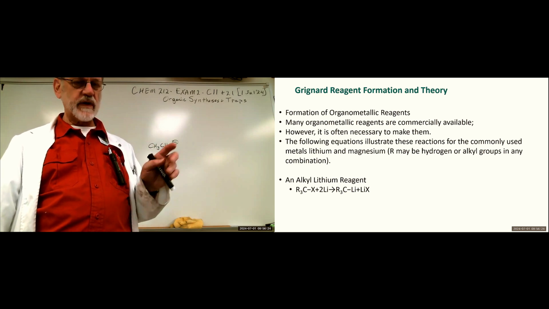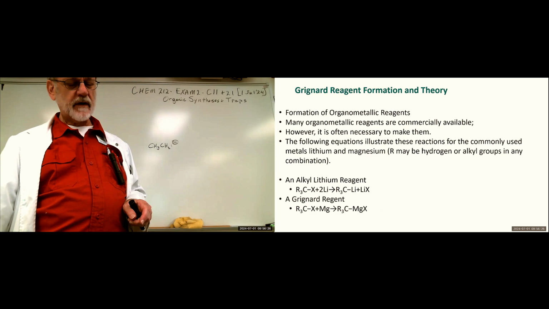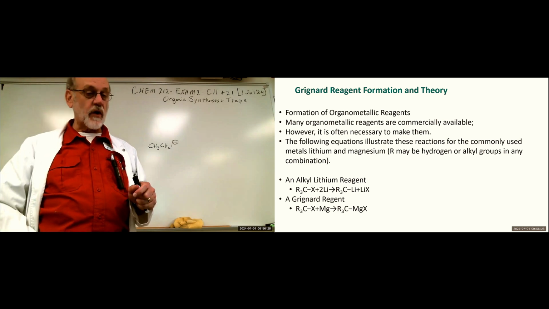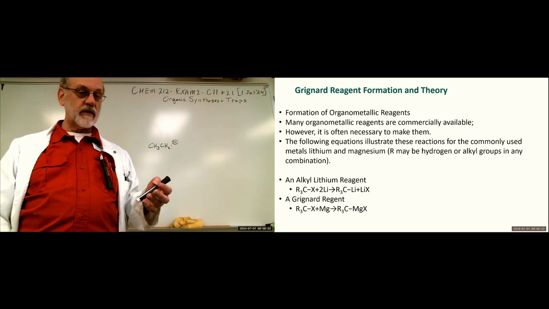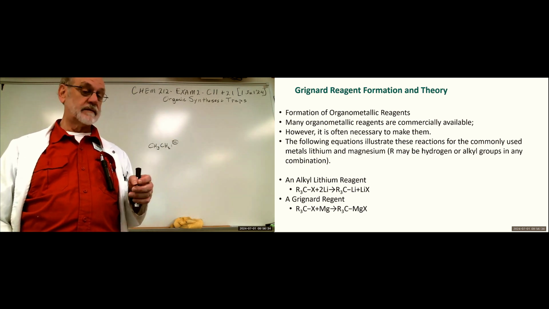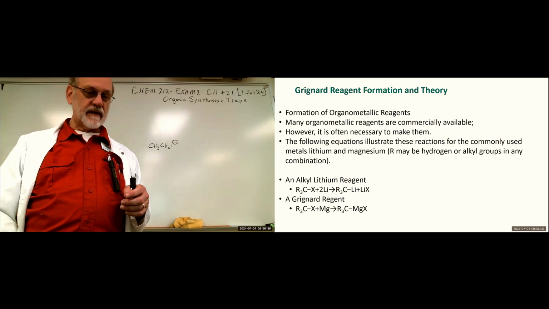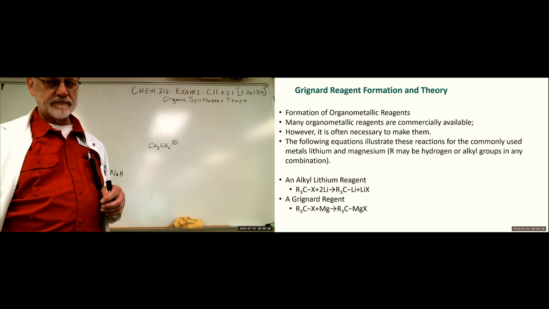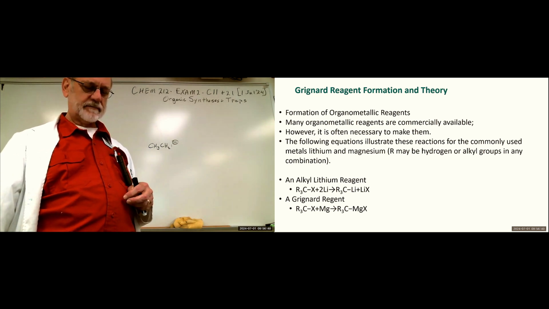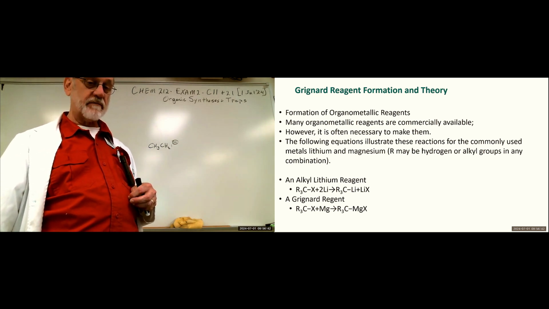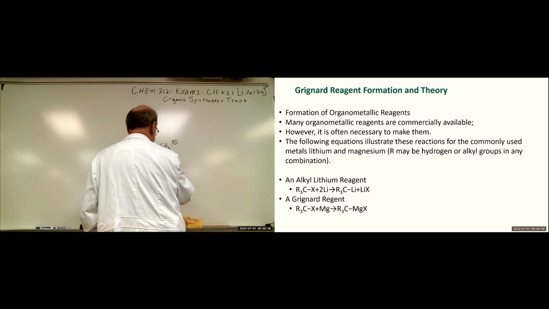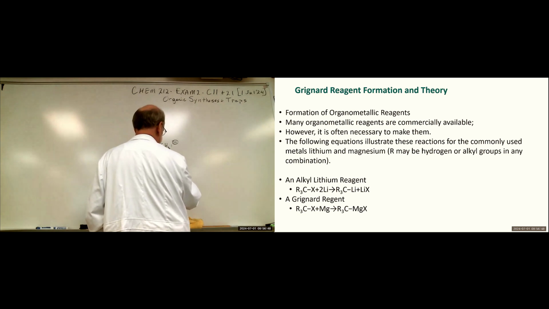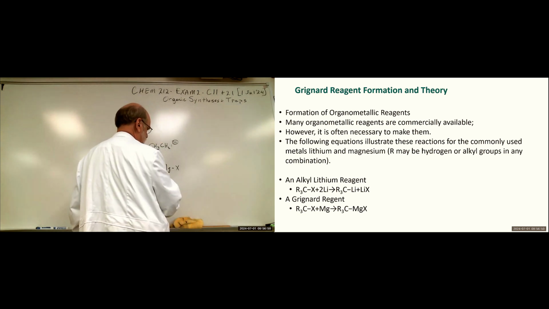Then that's your reagent. For the Grignard reagent, you start off with a haloalkane and then hit it with magnesium metal. That gives you the Grignard reagent, usually written as some alkyl group, then magnesium, and then the halogen on that side.